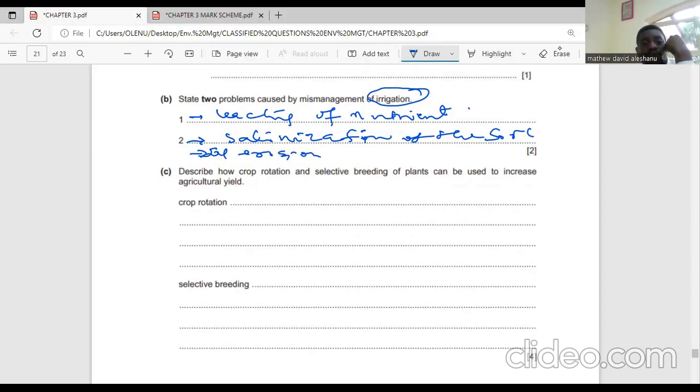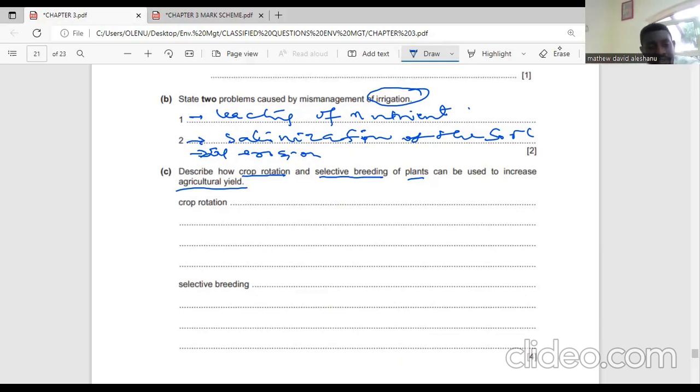Now, describe how crop rotation and selective breeding of plants can be used to increase agricultural yield. So if you are asked how you can increase agricultural yield, this is another tool. I know we stated some earlier when we treated those 5-mark questions, but another way is crop rotation and selective breeding.